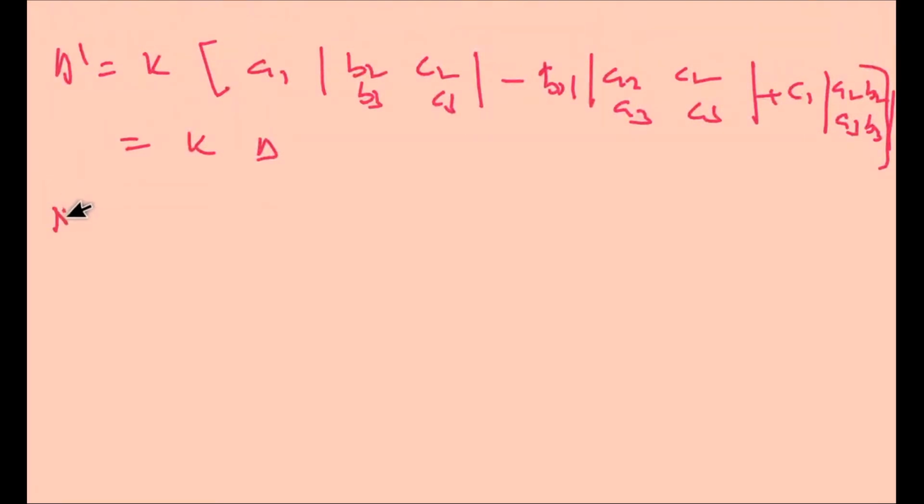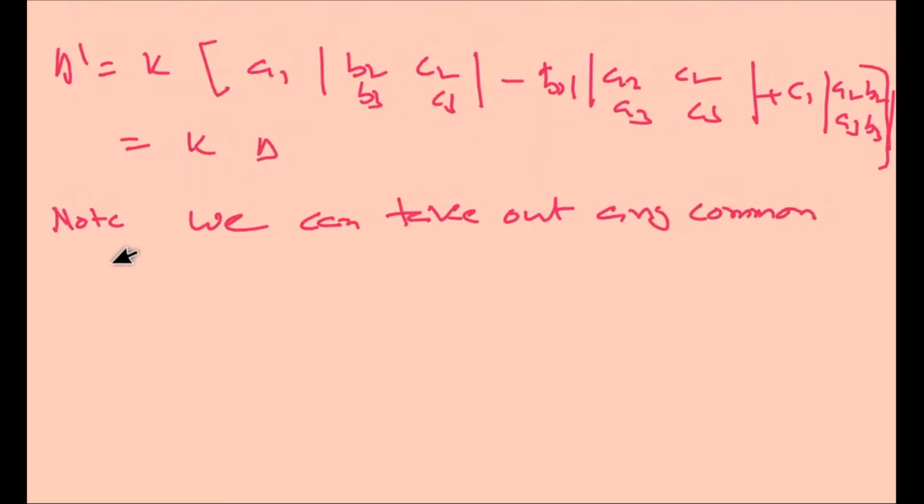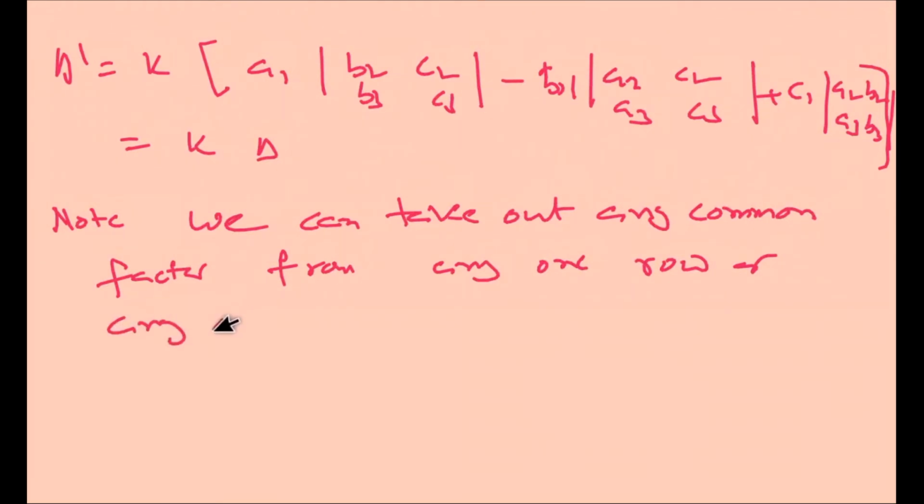So note, we can take out any common factor from any one row or any one column of a given determinant.